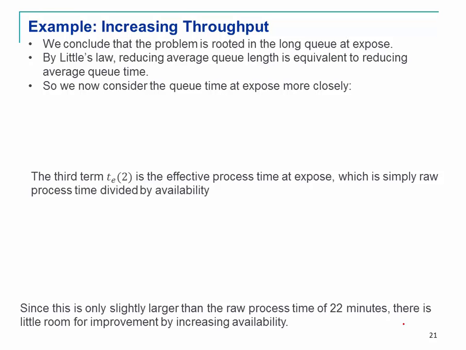Okay, so CTQ of 2 is going to be equal to CA squared of 2 plus CE squared of 2, divided by 2, times the utilization of 2 divided by 1 minus the utilization of 2, times TE of 2.